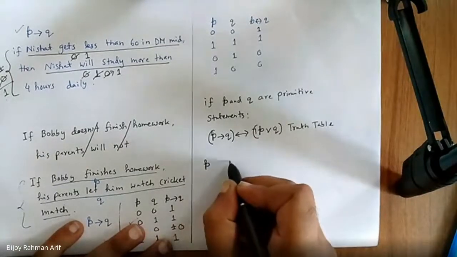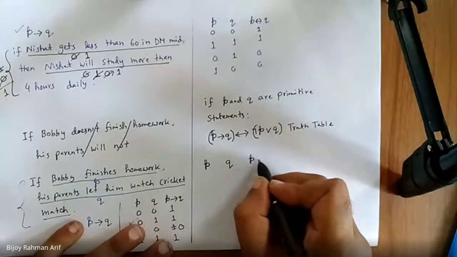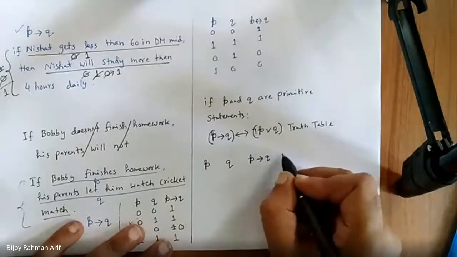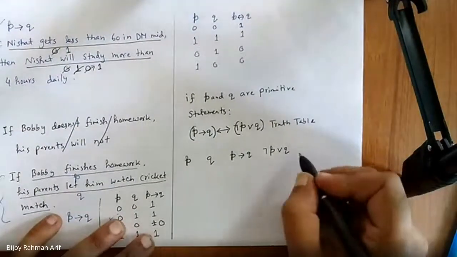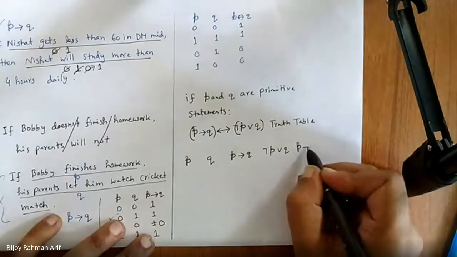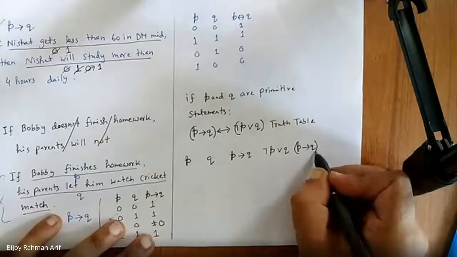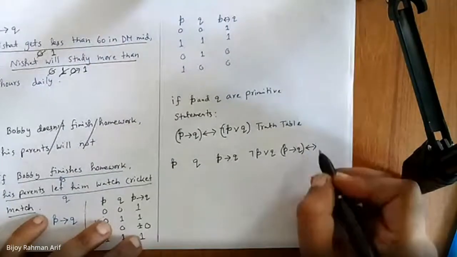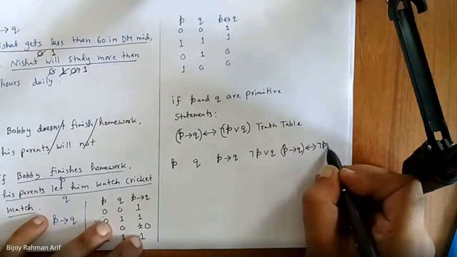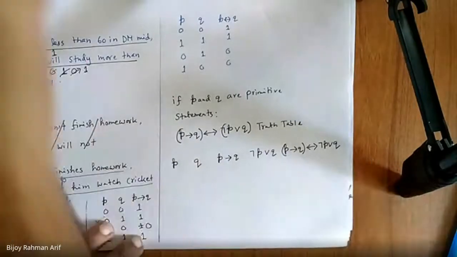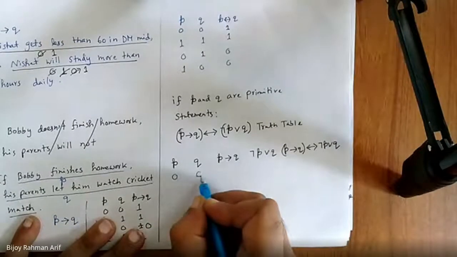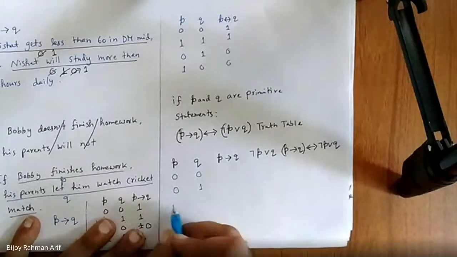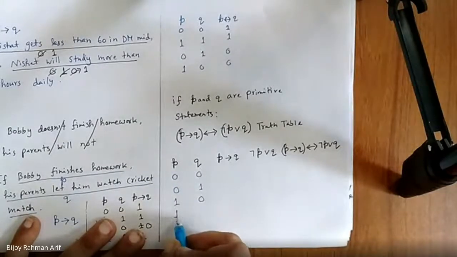So P, Q, P implies Q, not P or Q, and finally P implies Q bidirectional not P or Q. Okay, guys? Let's write down all the input patterns: 0 0, 0 1, 1 0, 1 1.